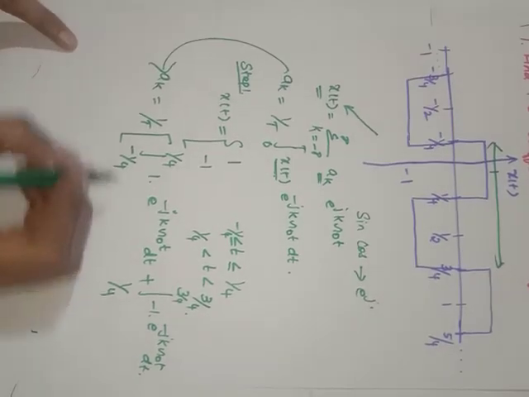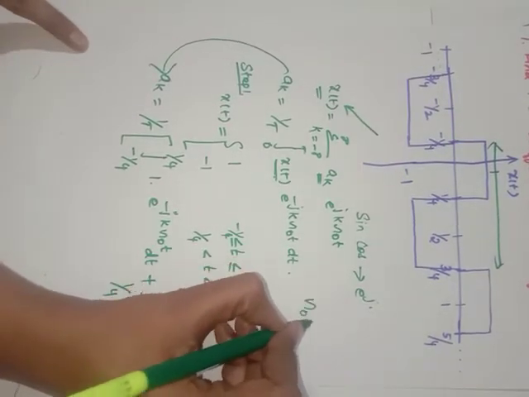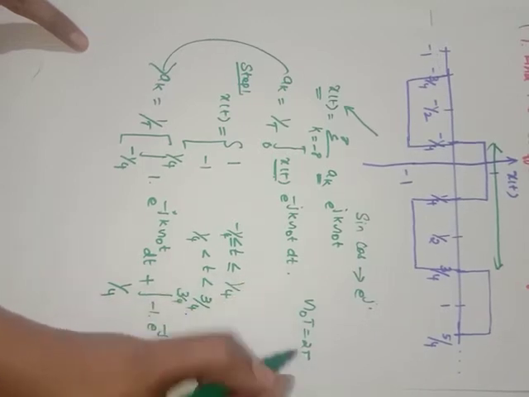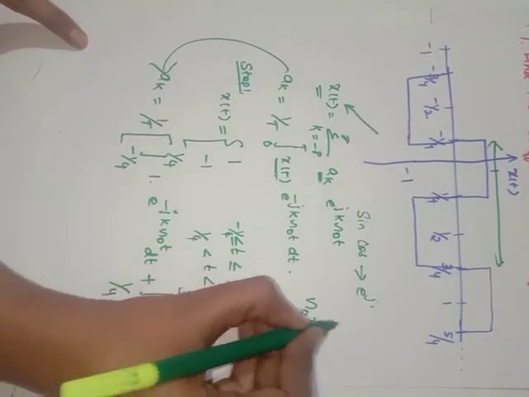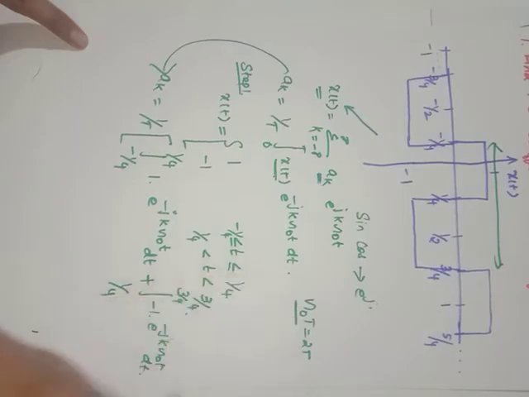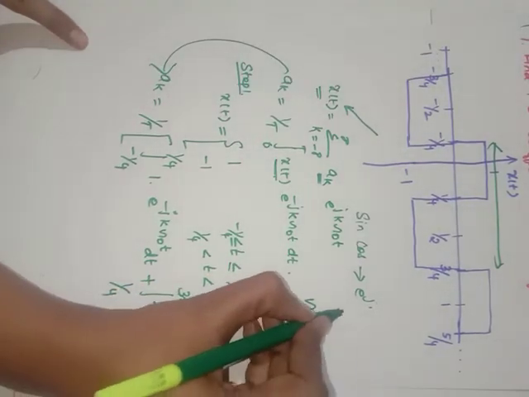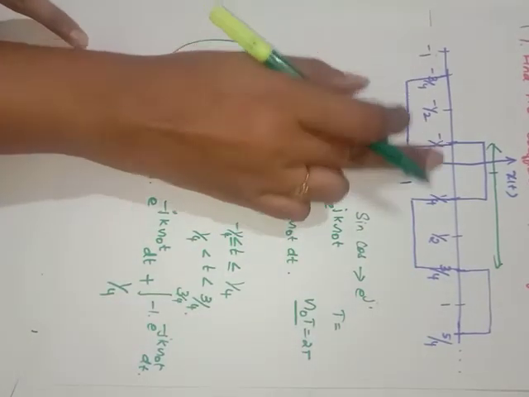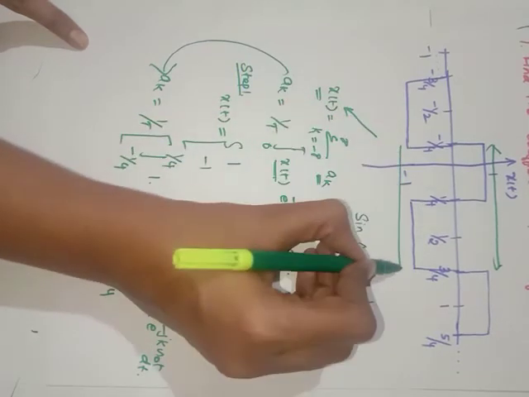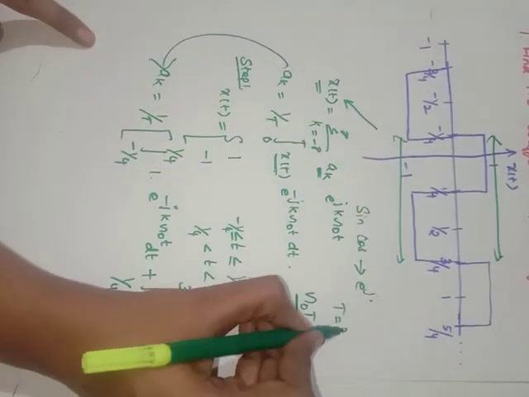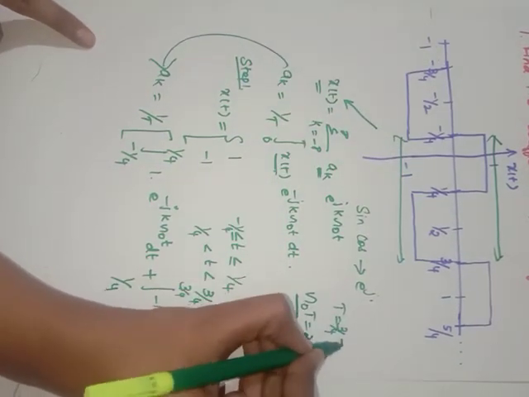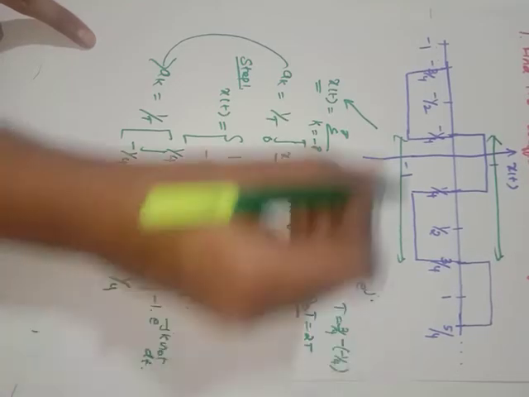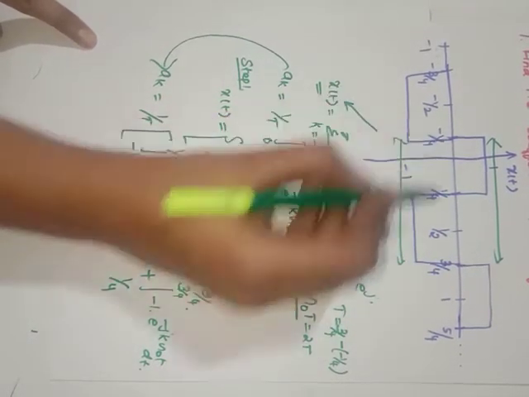The next step is, we know that ω₀T equals 2π, right? Here the first thing is we need to find ω₀ to substitute. Now find the fundamental time period. The fundamental time period is this one, right? So what is the fundamental time period? 3/4 minus (-1/4). This is the upper limit minus the lower limit.